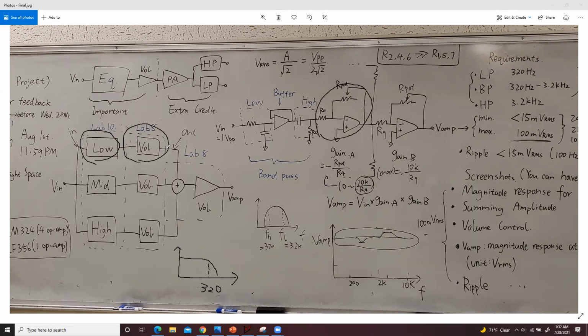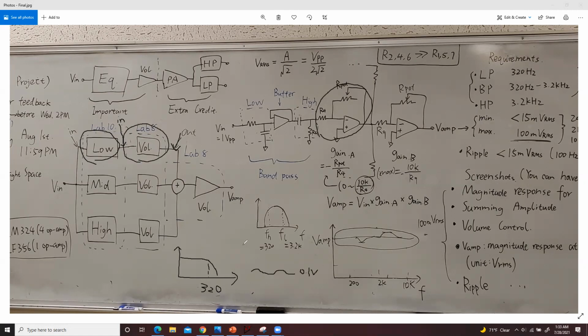What I'm going to do is put here as the input and put here as the output. Maybe you can put a small sine wave at the input so I can test it with the oscilloscope. For example, let's say this is the input, a 0.1 volt sine wave.